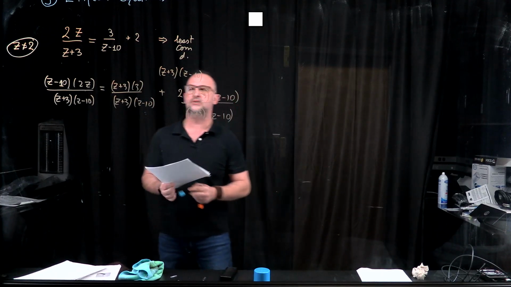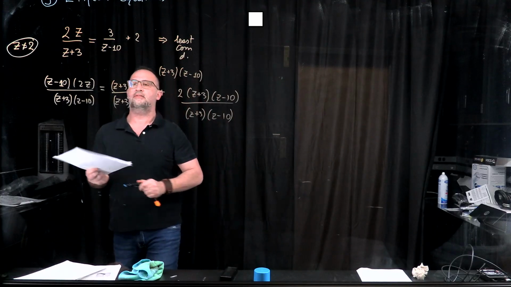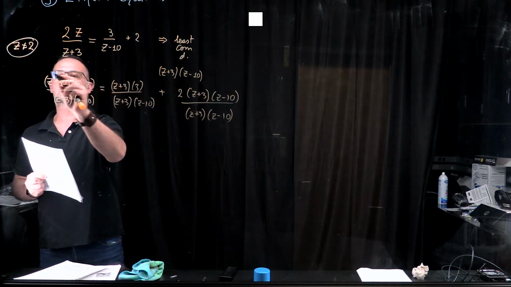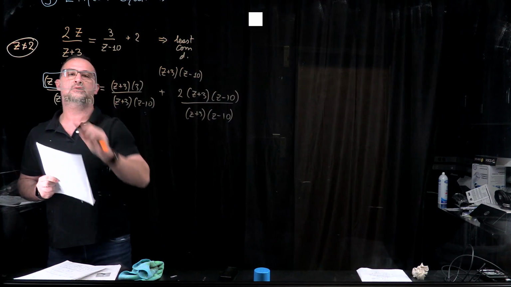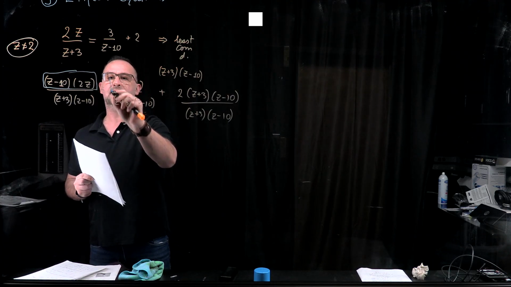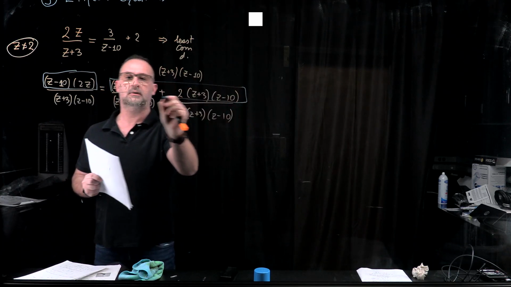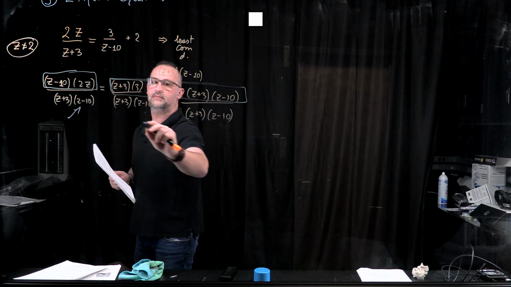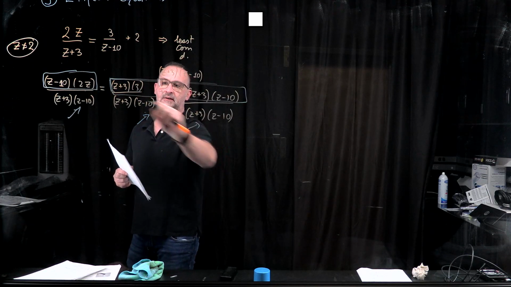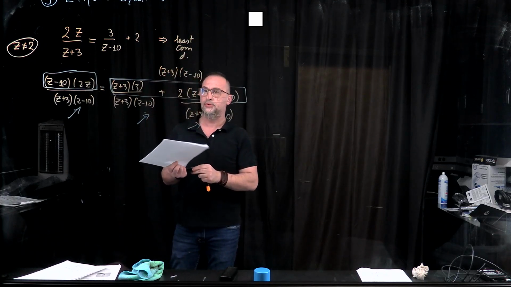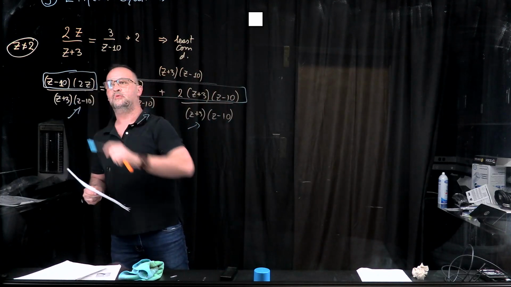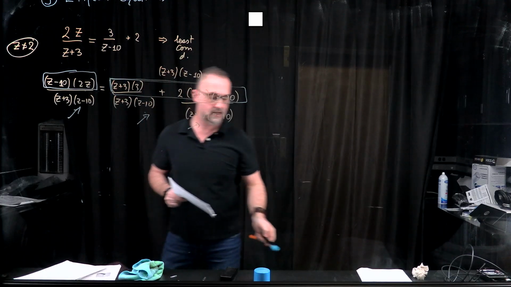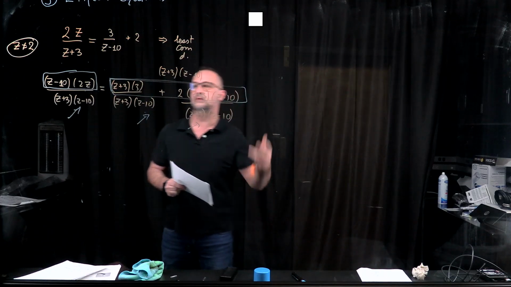Now, please note that the left numerator and the right numerator have the exact same denominator, right? So if this equation is to hold true, then this numerator must be equal to the numerator to the right.